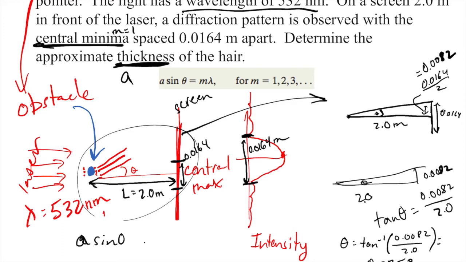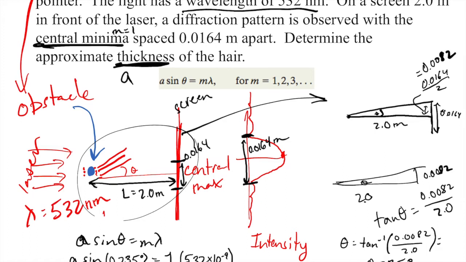All right, so we have our equation, a sine theta equals m lambda, and we can plug in. We're looking for a. Sine of 0.235 degrees equals 1, right? We said m equals 1 because it's the central minima, and lambda is 532 times 10 to the minus 9 meters.